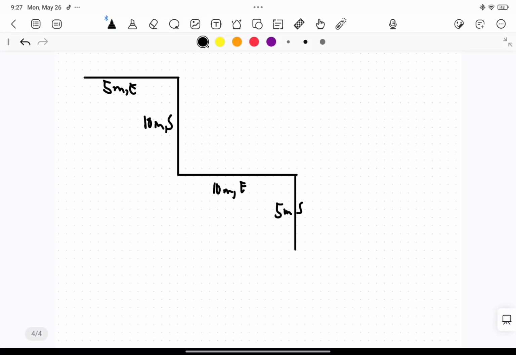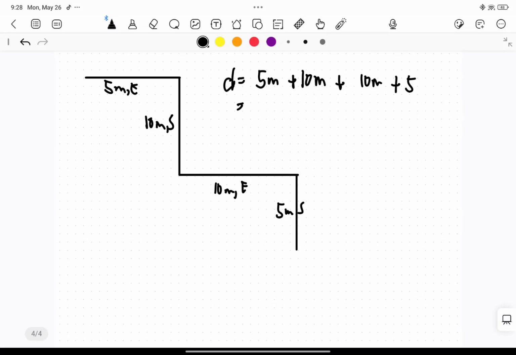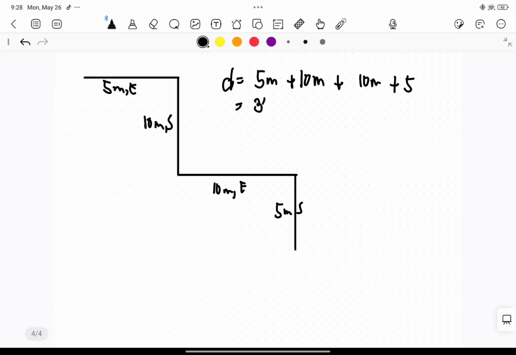Remember that distance is simply the sum of all of these magnitudes. That's the easiest part so far. So to compute for distance, d is equal to 5 meters plus 10 meters plus 10 meters plus 5 meters, and we get 30 meters. This would be our distance.